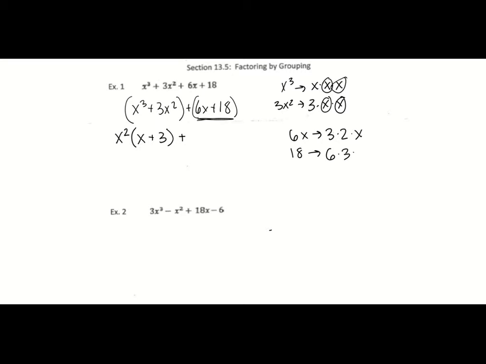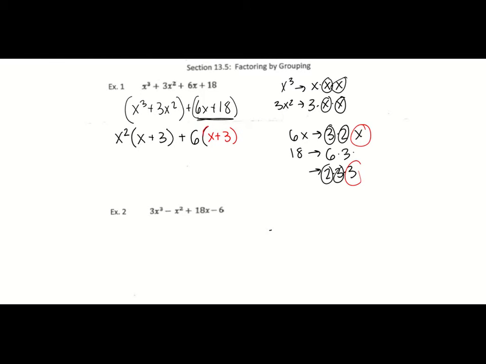And I could split that up even further. I would get 2 times 3 times 3. If I look, I have 2 and 3 in both of those. 2 times 3 is 6, so I could pull out a 6 from both of those, and I would be left with an x on this one and a 3 on this one. So on the inside, I would get x plus 3.